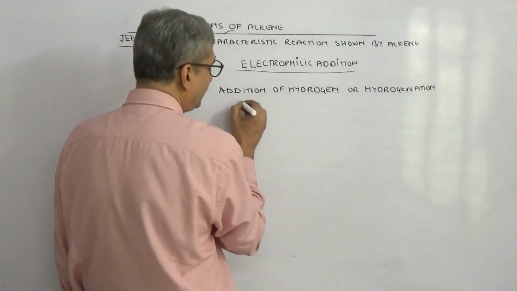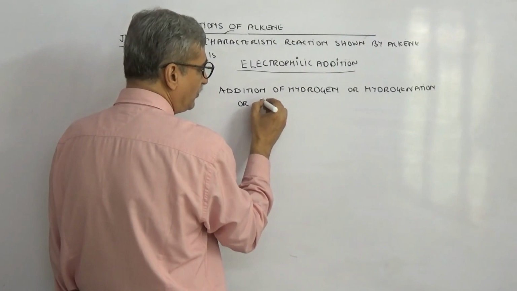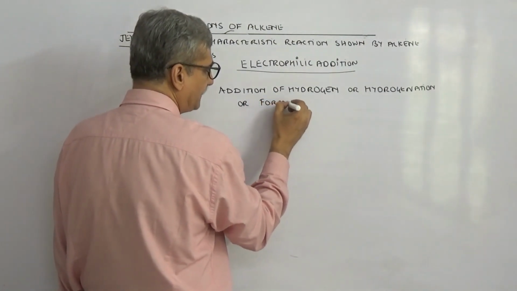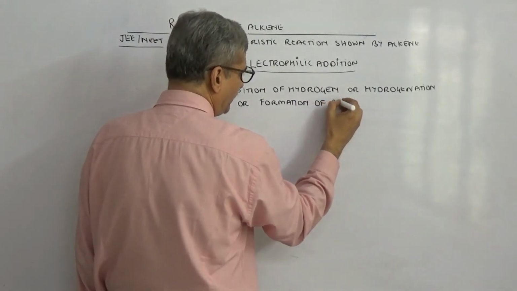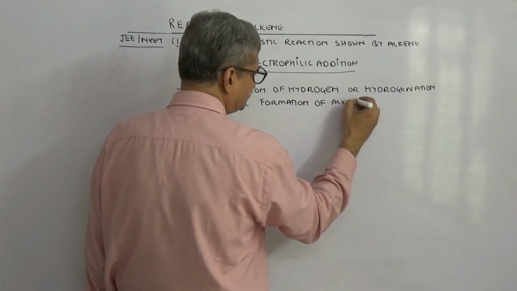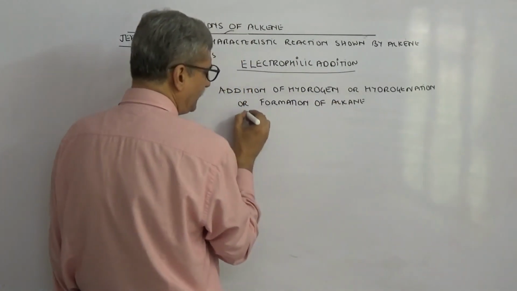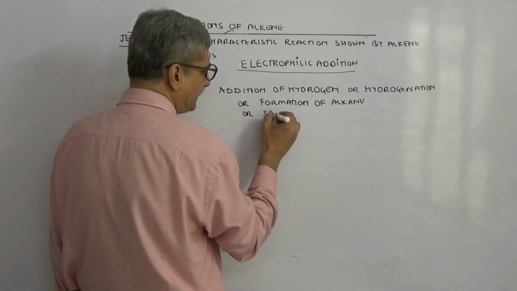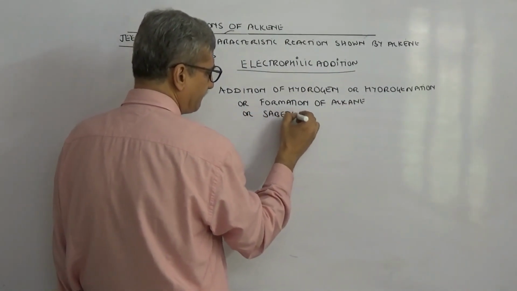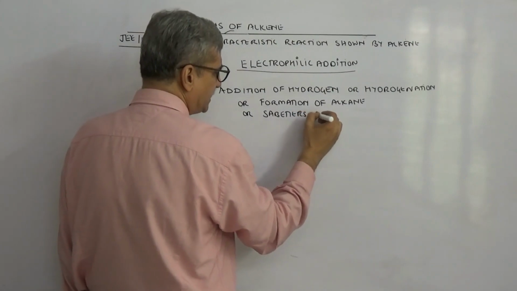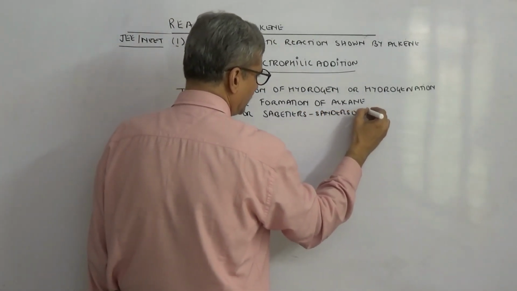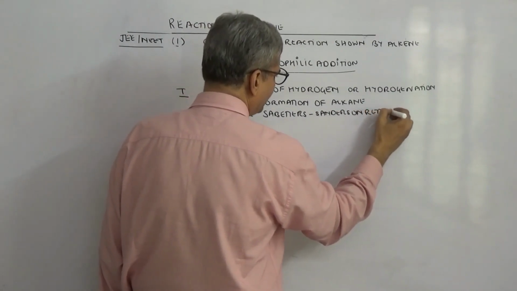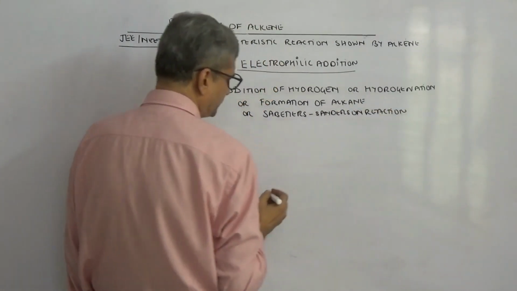So, we can call this formation of alkane, or the Sabatier-Sanderson reaction. So all this means the same. Basically what happens?